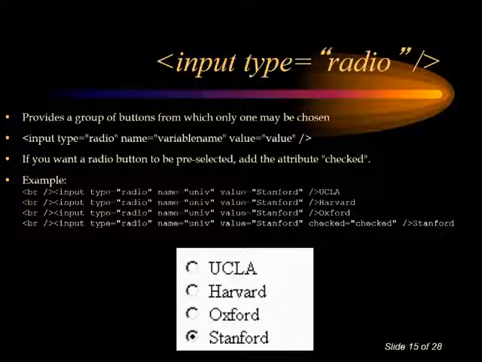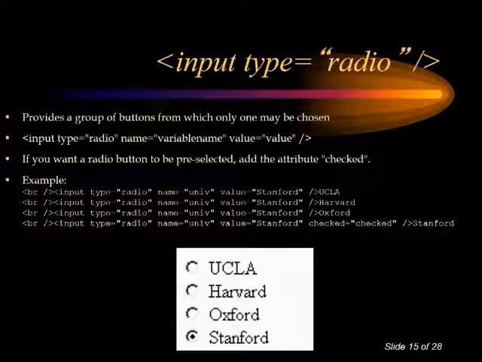In this example, it might look like the visitor is choosing between UCLA, Harvard, Oxford, or Stanford. But it turns out that if they select UCLA, Stanford gets a vote. They select Harvard, Stanford gets a vote. They select Oxford, Stanford gets a vote. And if they click Stanford, then Stanford gets a vote.